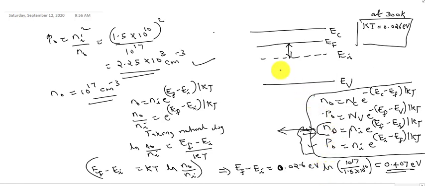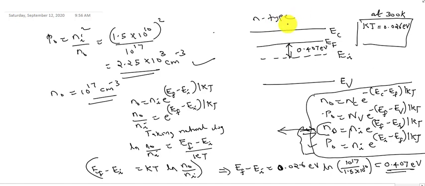So we can mark this value in the band diagram: 0.407 electron volt. All energy gaps should be marked in electron volt. The question was where is the location of EF with respect to EI, and the value is 0.407 electron volt, and this is the band diagram for the n-type semiconductor.